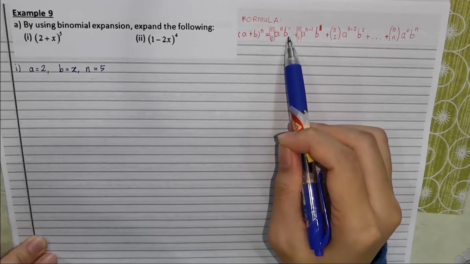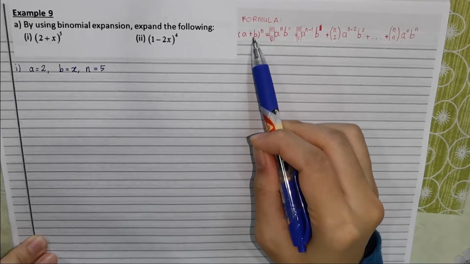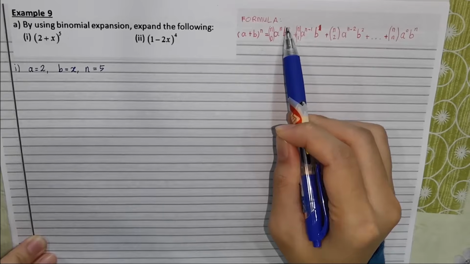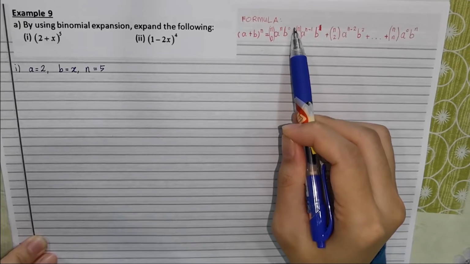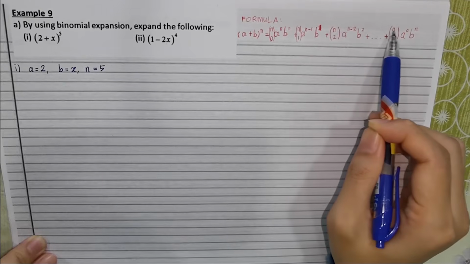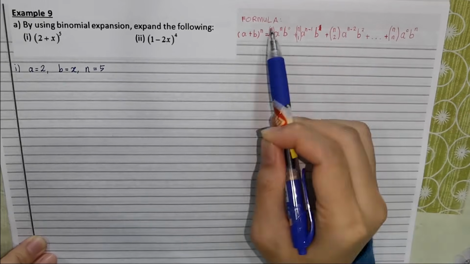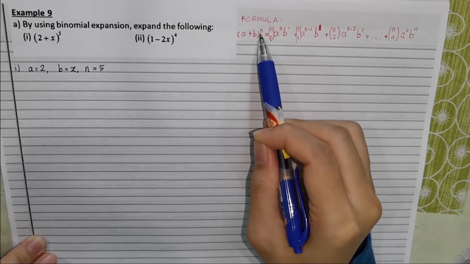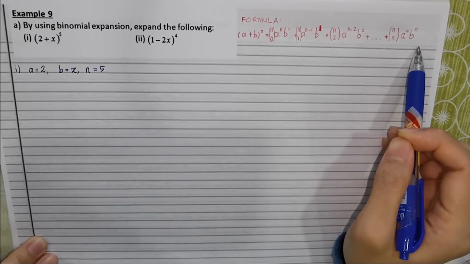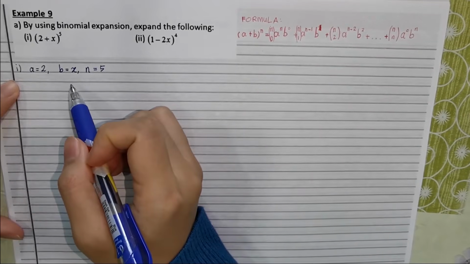The third pattern is for b, the second term inside the bracket: the exponent starts from 0, going up by 1, then 2, and at the end it will be the highest power n, similar to the exponent outside the bracket. So now let's apply this long formula and substitute the three values from the question.